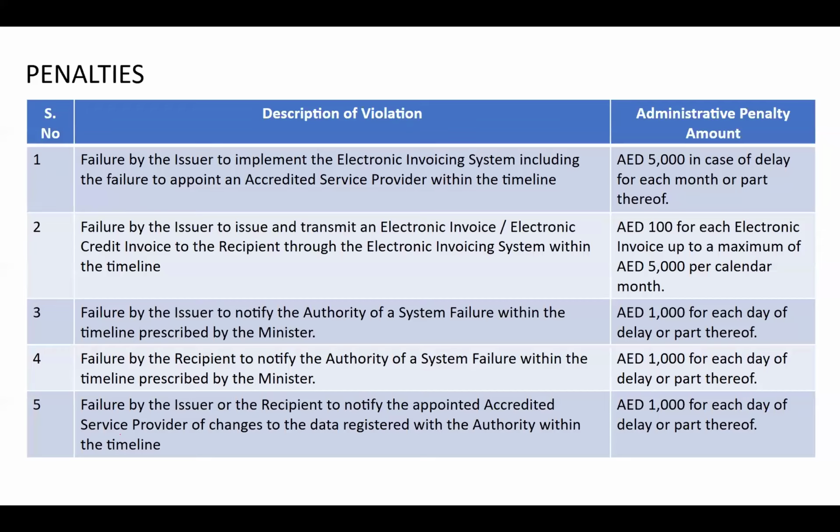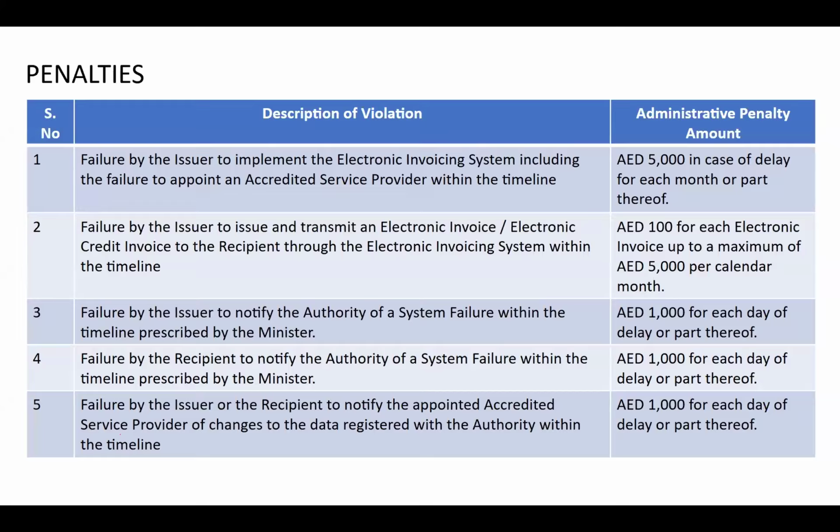Next is failure by the issuer to issue and transmit the electronic invoice or electronic credit note to the recipient through e-invoice. In this case, the timeline is within 14 days; we have to issue the e-invoices once the transaction has happened. Under VAT, it's based on the place of supply or time of supply.